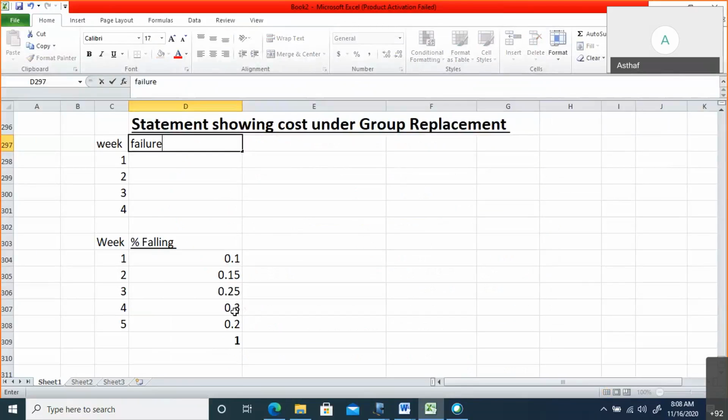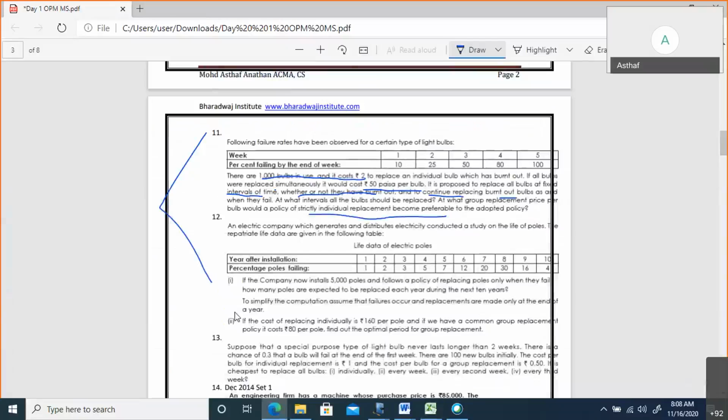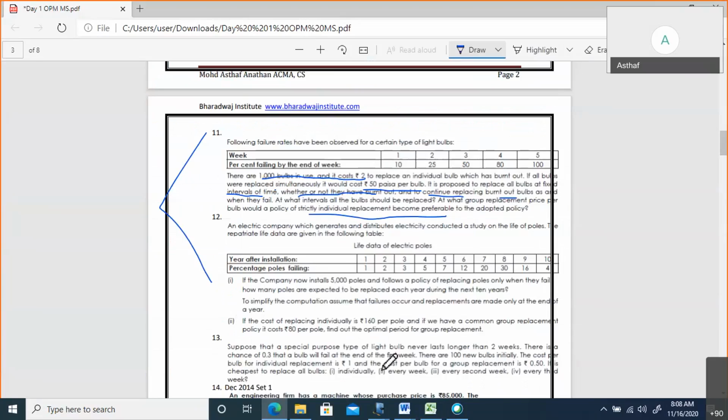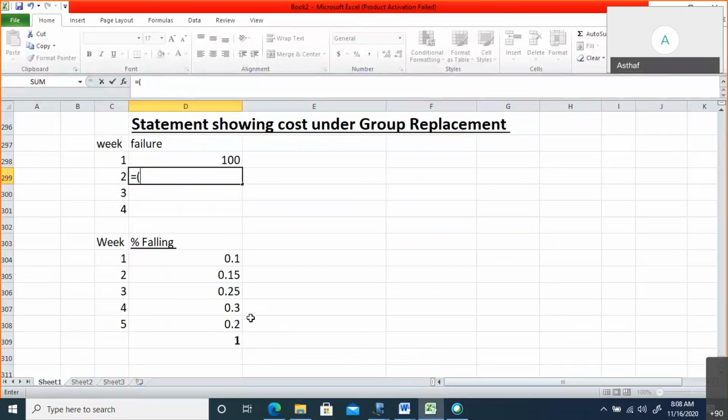This failure is only very important. First week, we have 1,000 in total, and in the first week we have 10%, so 100. Now what is the failure in the second week? Second week our failure is 50.